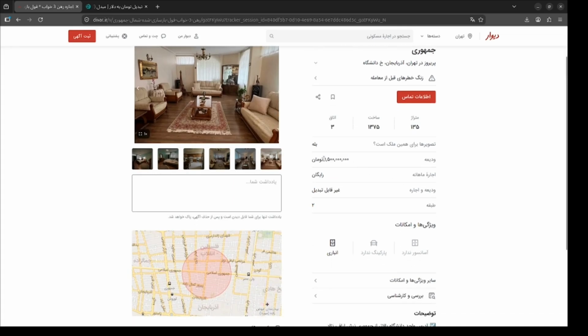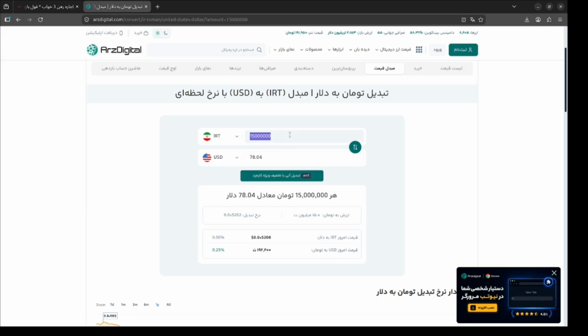Okay, again, it only requires a deposit and doesn't want a monthly payment. So let's see how much it will cost. It's 1 billion and 500 million tomans, equals to $7,800.